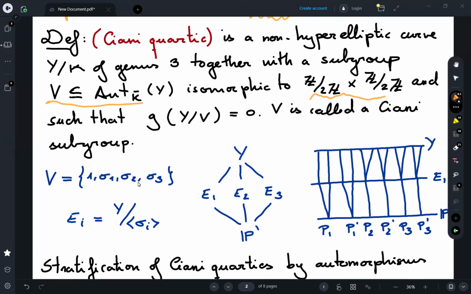And in such a way that when you take the quotient of the curve by the subgroup, you get another curve of genus 0. You get a P1. Such a subgroup is called a Ciani subgroup.